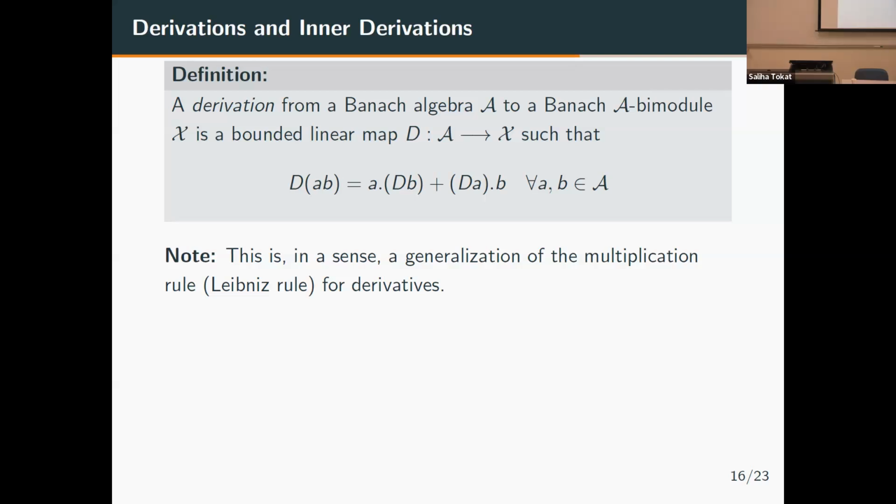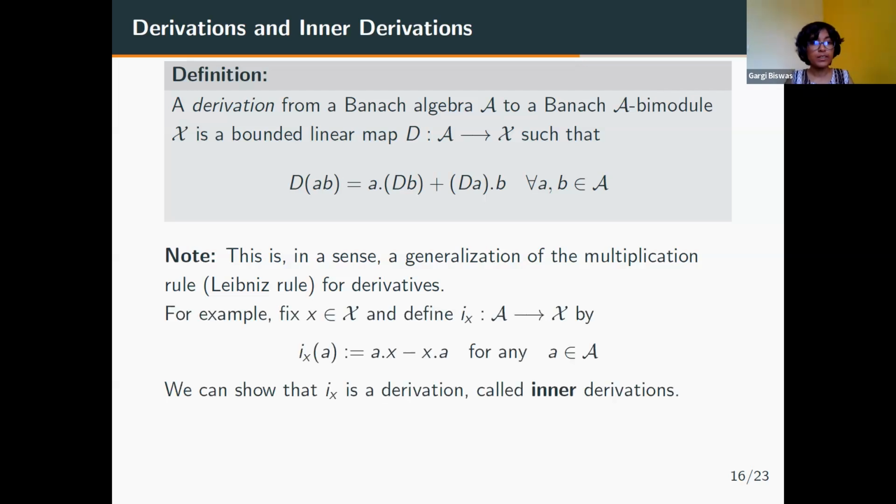Notice that here these dots are the module actions of A on X, because D(b) is an element of X and a is an element of A, so we're multiplying from the left and again from the right. And note that this is in a sense a generalization of the multiplication rule of differentiation, which is also known as the Leibniz rule.